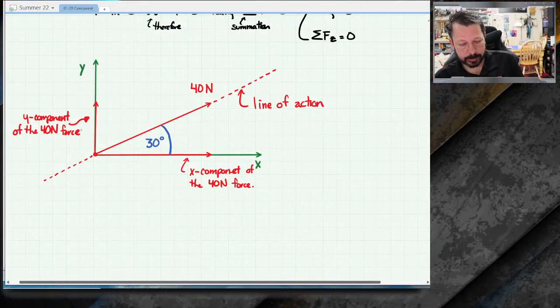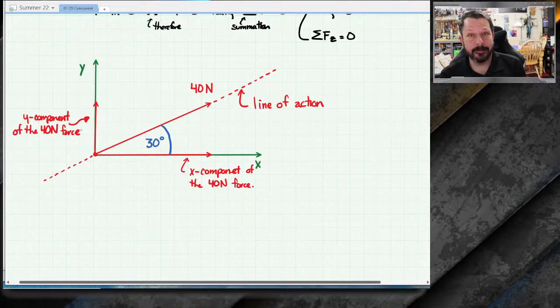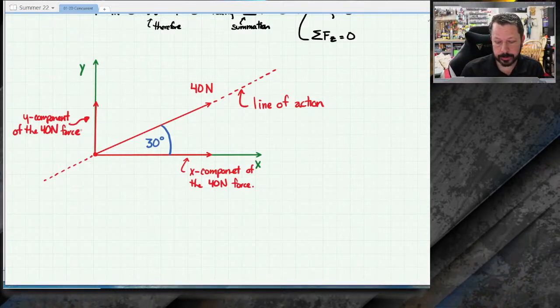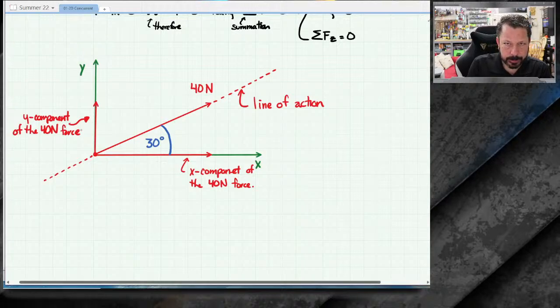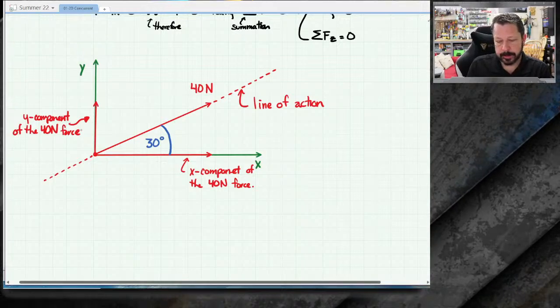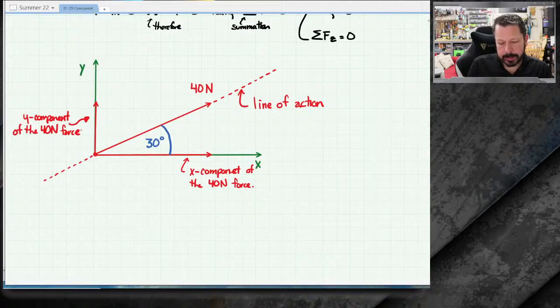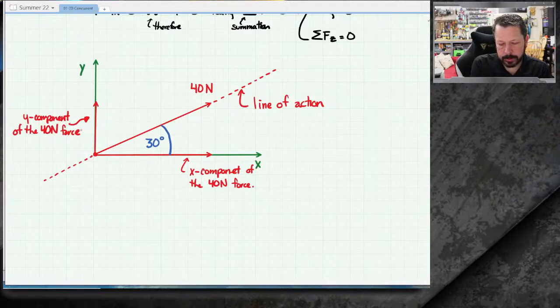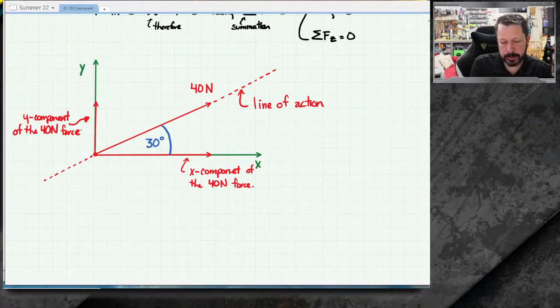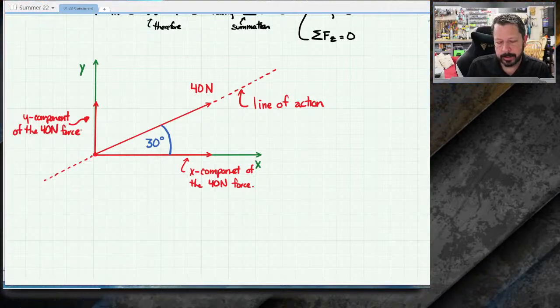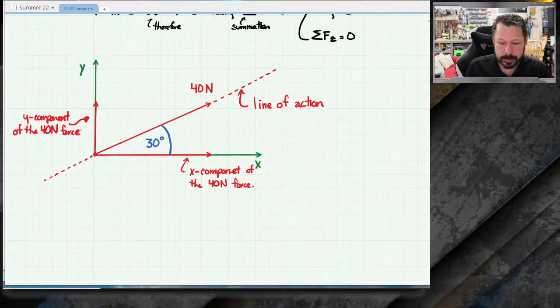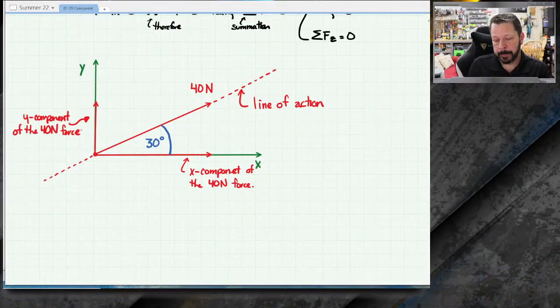Notice that vector is way shorter than the x component, like half of it. Just by assuming that our 30 degrees is more or less drawn correctly, then we could tell that the y component is about half of the x component as far as magnitude goes, and the x component is maybe like 80-something percent of the 40 newtons.